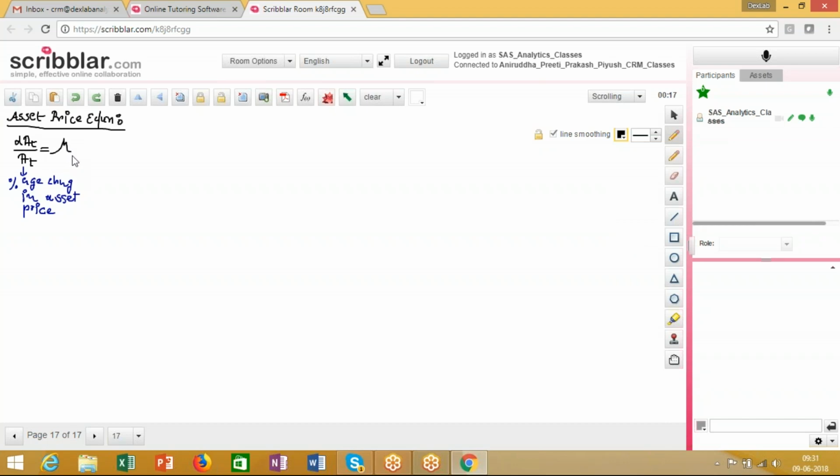Now the percentage change in asset price is defined by two components. So this is mu A dt plus sigma A dW.